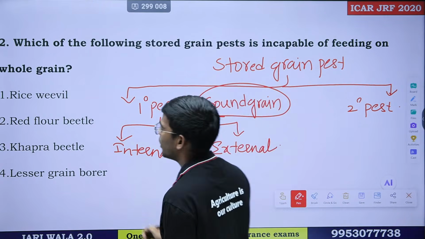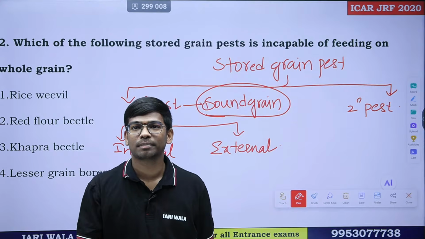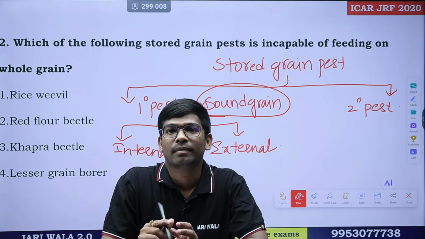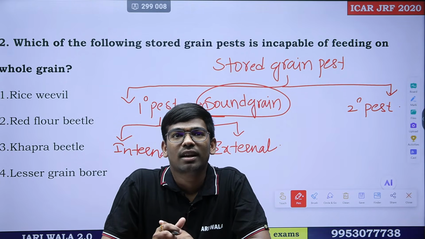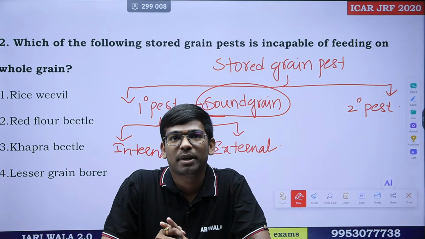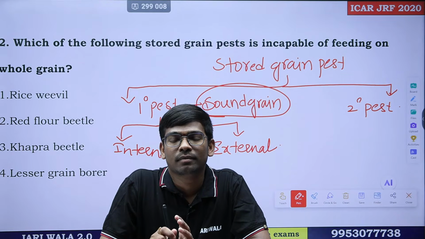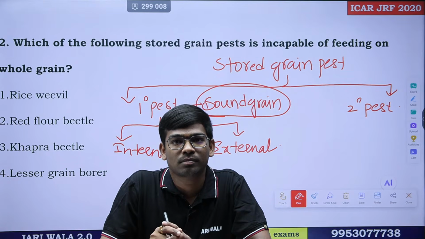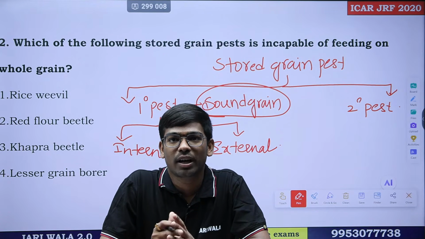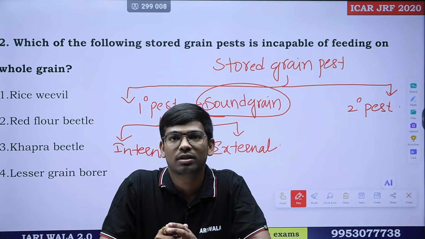So here we all know. Anyone? Answer for this. Which of the following stored grain pests is incapable of feeding on the whole grain? If you know the answer, you can text in the chat box.